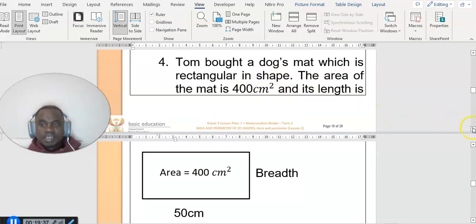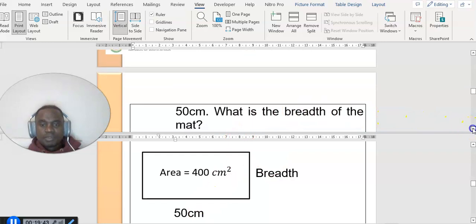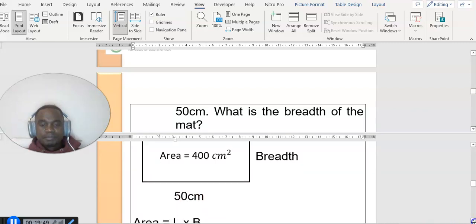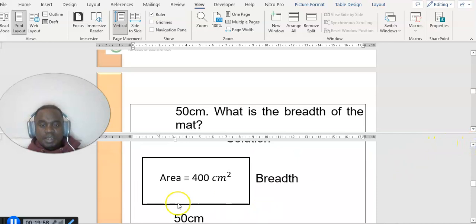And its length is 50 centimeters. What is the breadth of the mat? So this side is 50 centimeters. What is the breadth? So area is equal to length times breadth. That is the area.